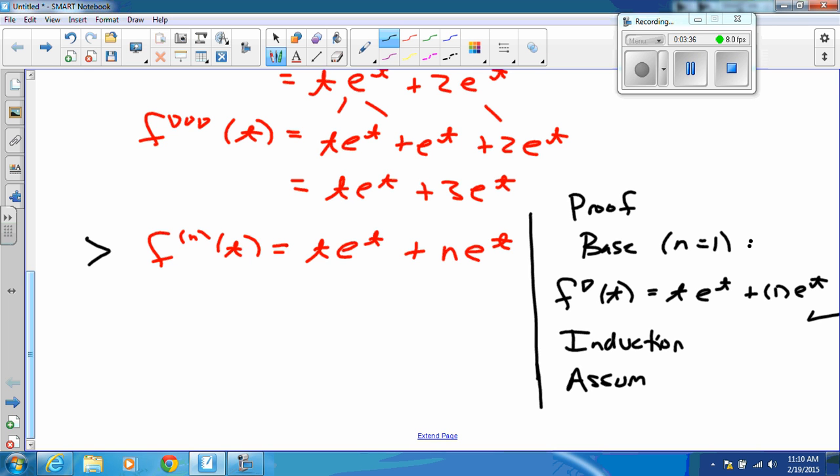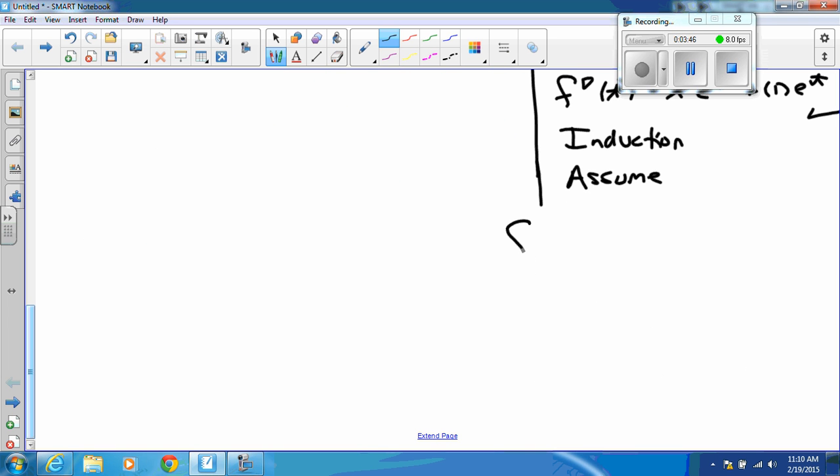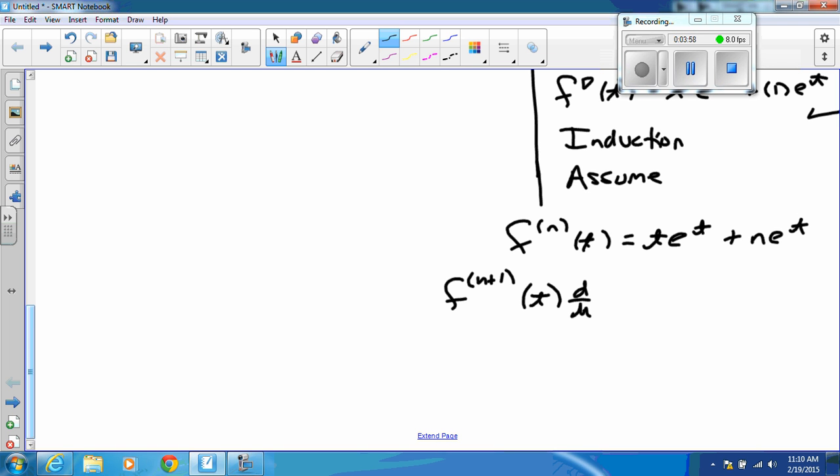So we will begin by assuming that the nth derivative is exactly what we say it is, namely, t e to the t plus n times e to the t, and therefore our n plus 1th derivative is the derivative of that.